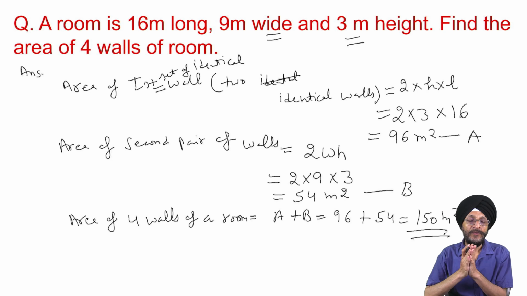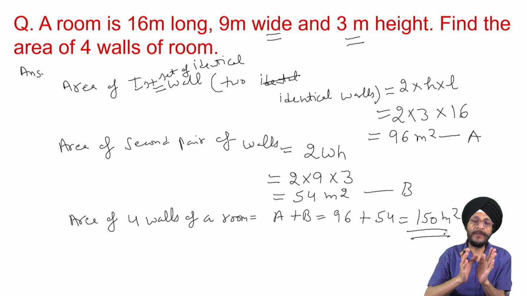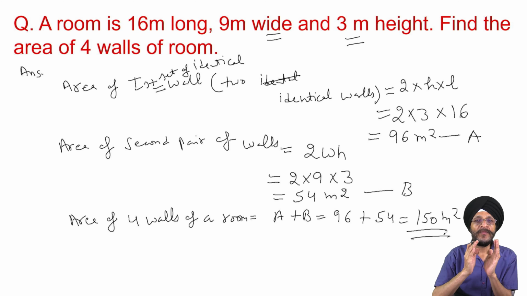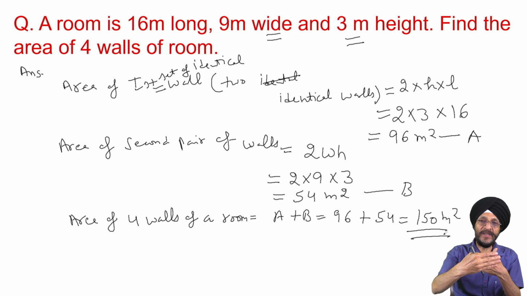So from this question you can observe that it is very simple to calculate the area of four walls of a rectangular room when we have two sets of identical walls, one pair of walls which are identical.